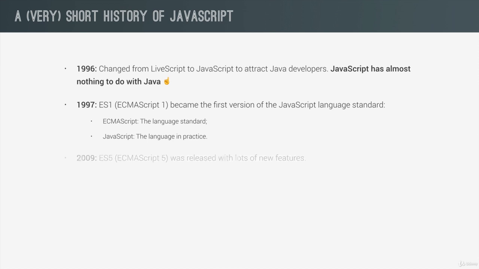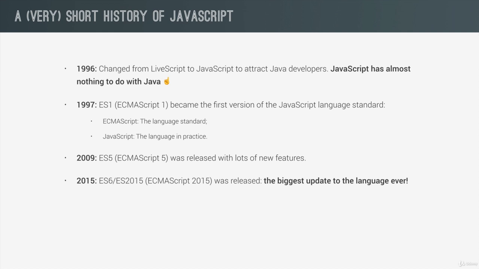Now, fast forward to 2009, ES5 was released with a lot of new features. However, it took many years for browsers to implement all these changes. And finally, the much awaited new version ES6 was launched in June 2015. And it was the biggest update to the language ever with a ton of new features. And this was, or still is, a really big deal for JavaScript and for the whole developer community.